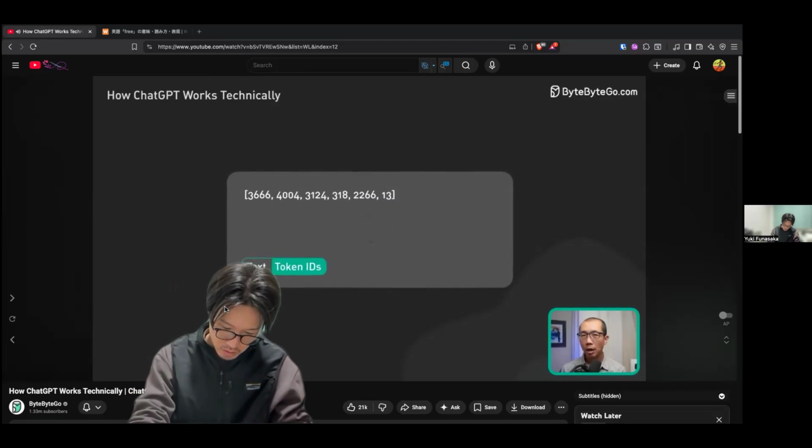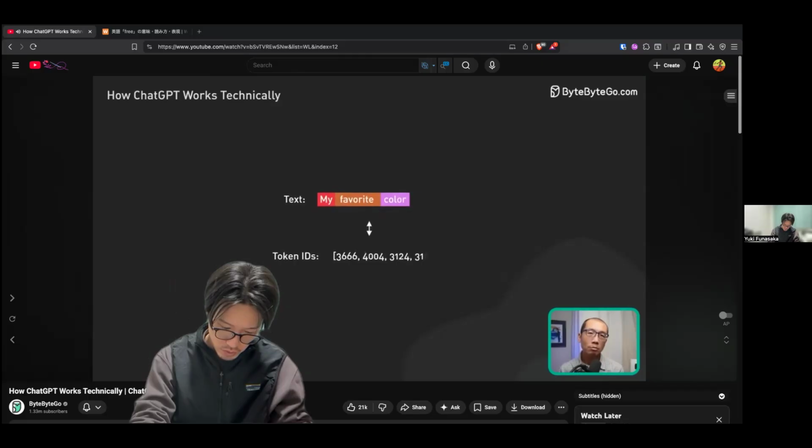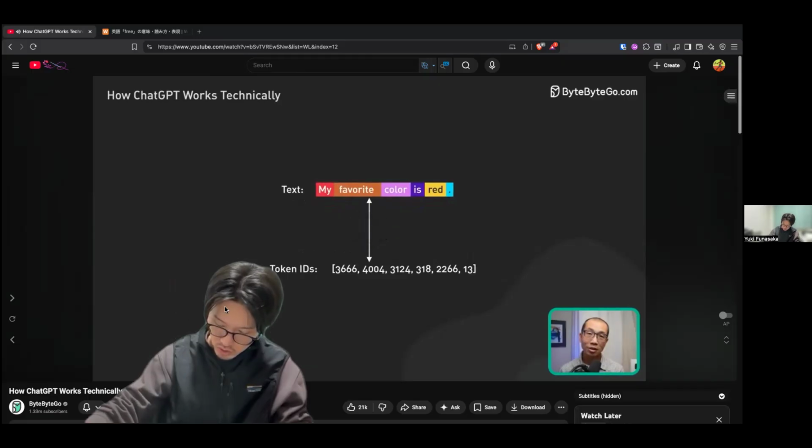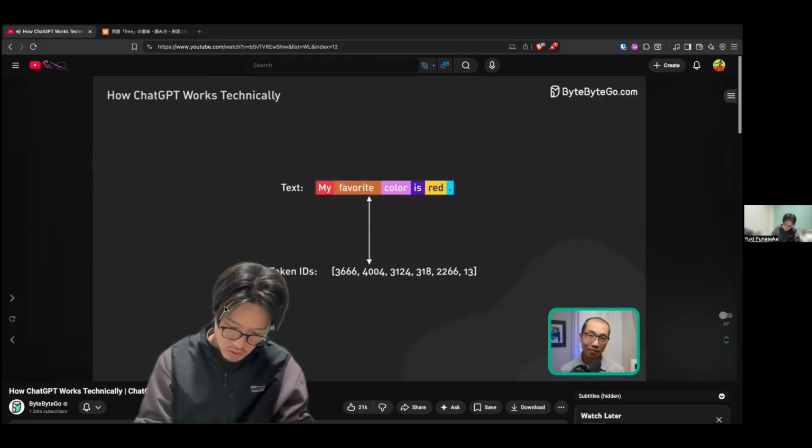Or more accurately, parts of words. Numbers are used for tokens rather than words because they can be processed more efficiently.